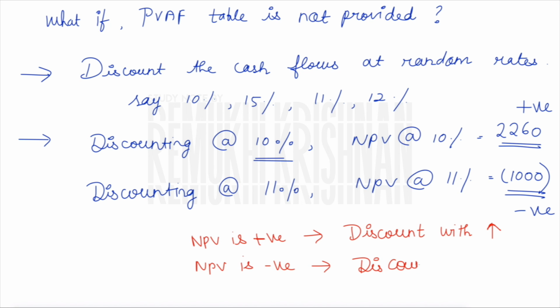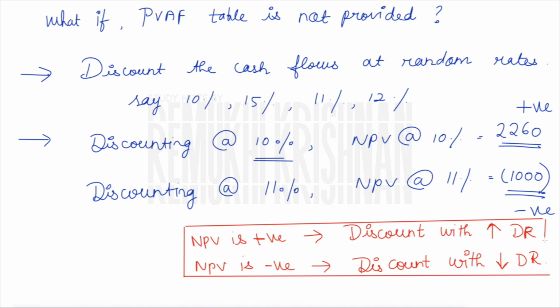This is one of the thumb rules, so do remember it, because in the examinations, to my knowledge, the present value annuity factor table is not provided and most of the time you will discount at random rates. Okay, let us move further.